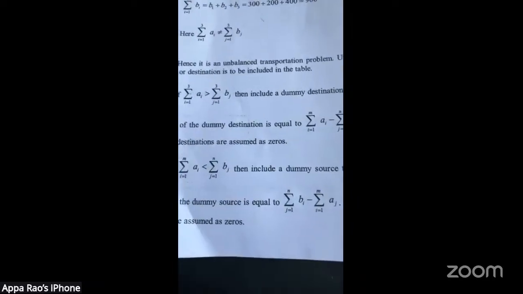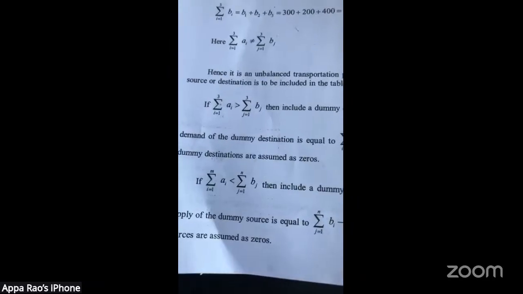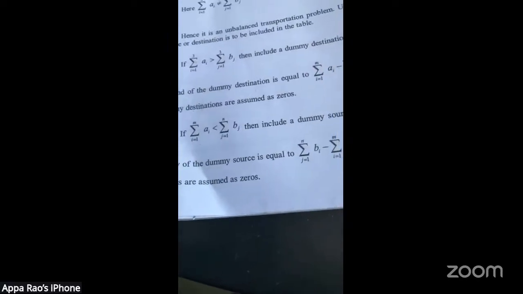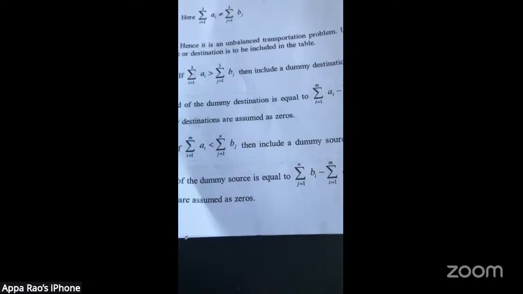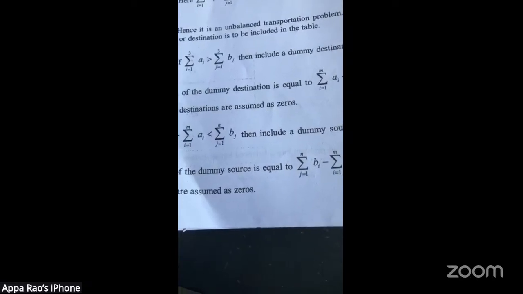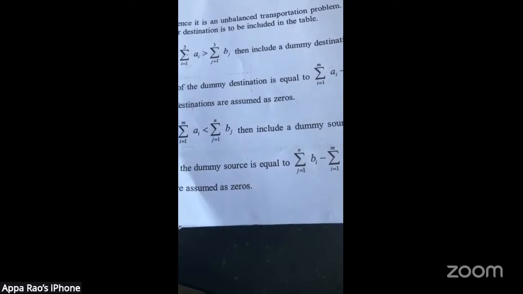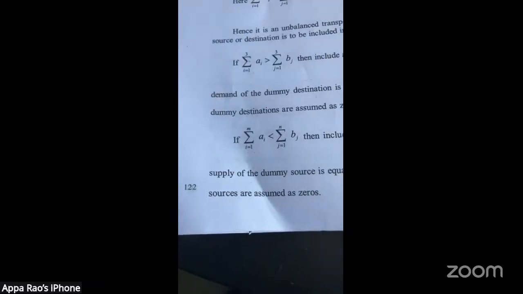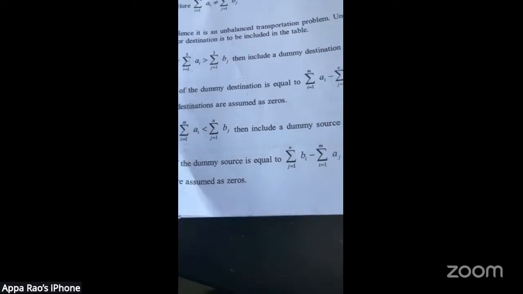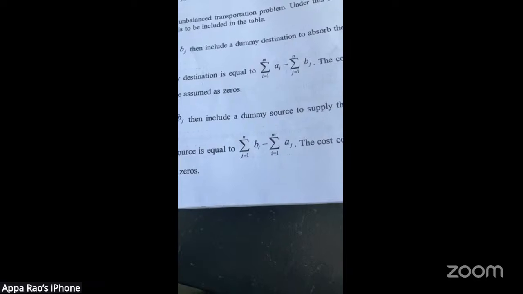Supply of the dummy source equals the sum of bj minus the sum of aj.